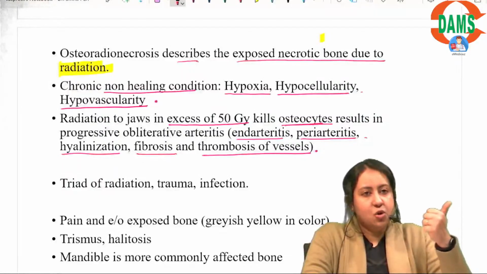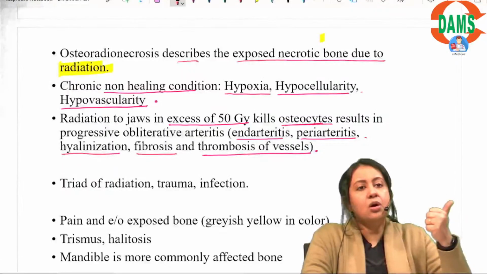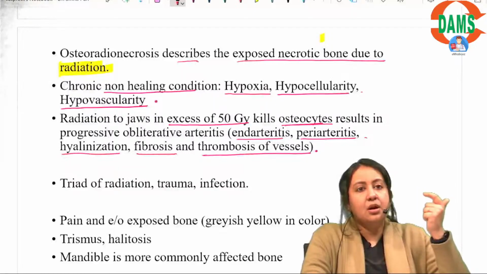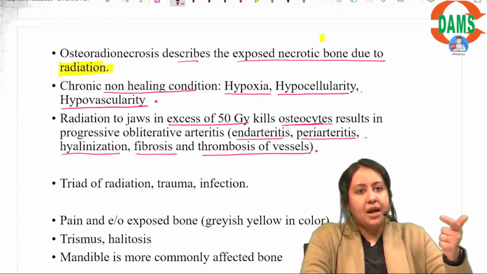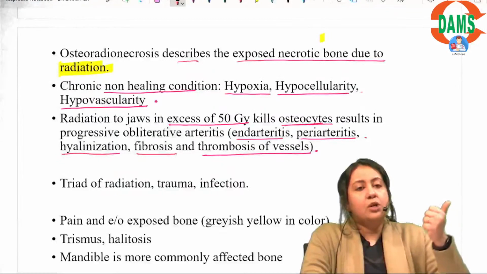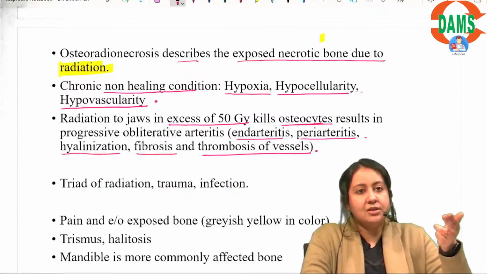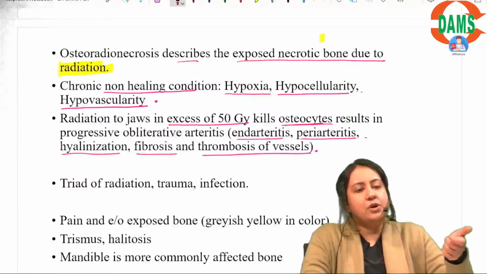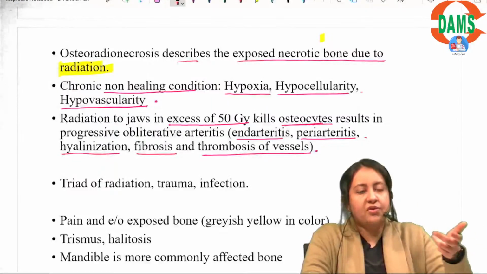Radiation to the jaw kills the osteocytes, the blood supply gets obliterated, which results in hyalinization, fibrosis and thrombosis of vessels, ultimately causing hypoxia, hypocellularity and hypovascularity, due to which it results in necrosis of the bone.